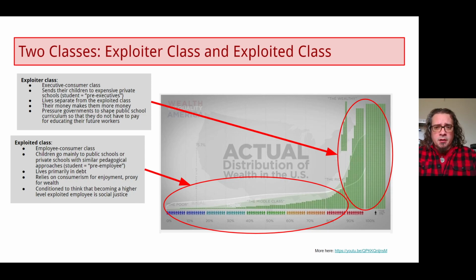We're supportive of that. The exploited class, the employee consumer class, their children mainly go to public schools, or they go to some private schools, but usually not the same private schools. Even within private schools themselves, there's a tier that's above the rest for the exploiter class, right?